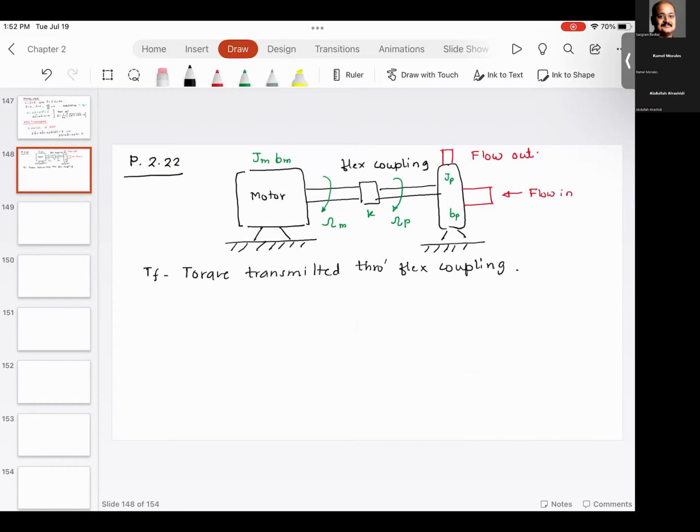And Q is the volume flow rate of the pump, which is given as Vp times capital omega P. And with that, we will find the equation of motion.